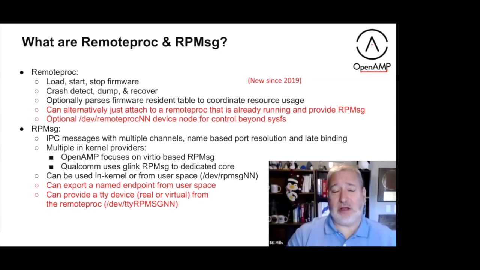A relatively new facility, at least for the VirtIO RPMsg, is having a Linux user space export a named endpoint.